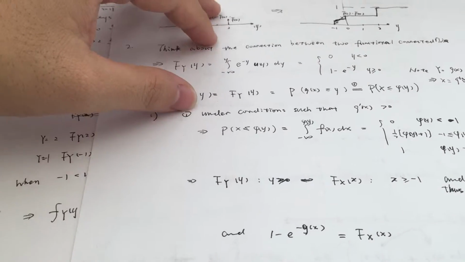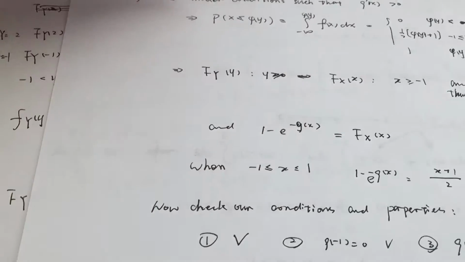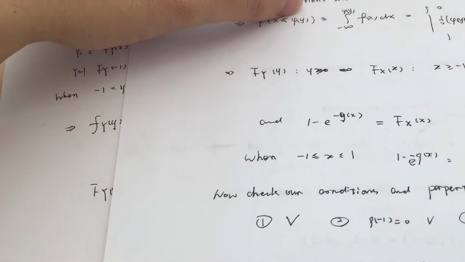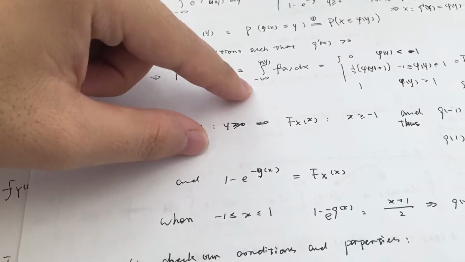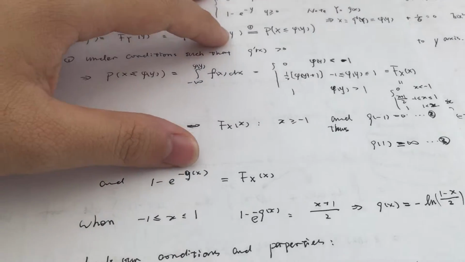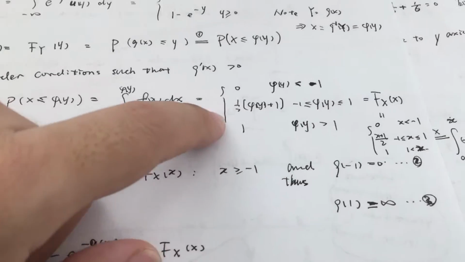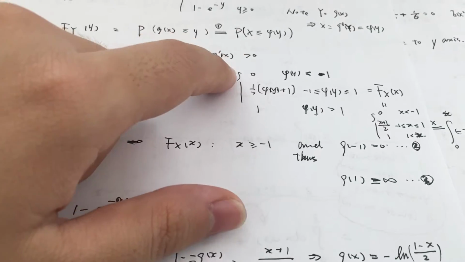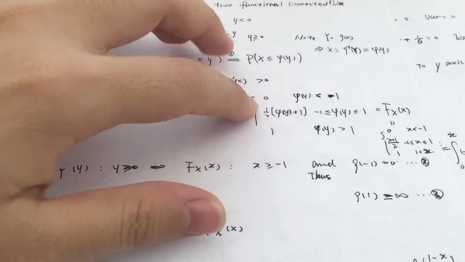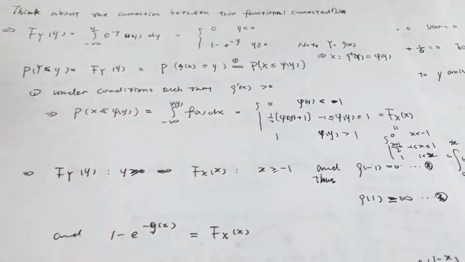Under the condition that g(x) is always rising, the probability that x is less than phi(y) can be written as the integral from negative infinity to phi(y) of f_X(x) dx. On the interval from -1 to 1, this is 1 over 2 times phi(y) plus 1.